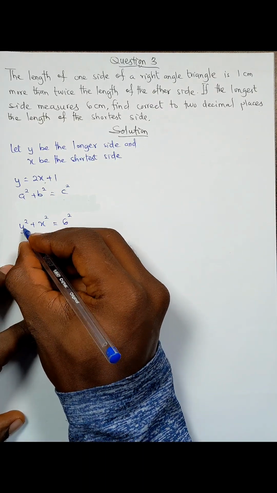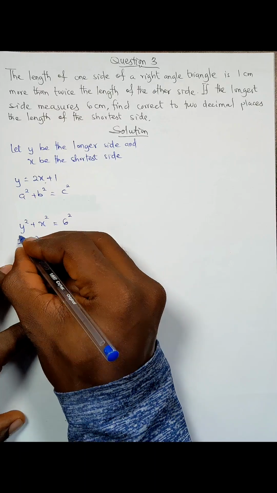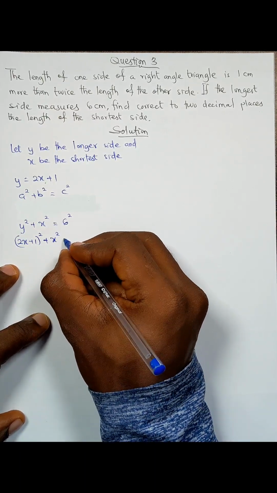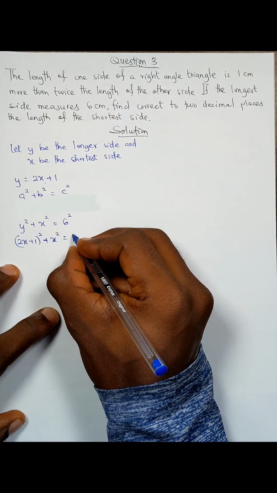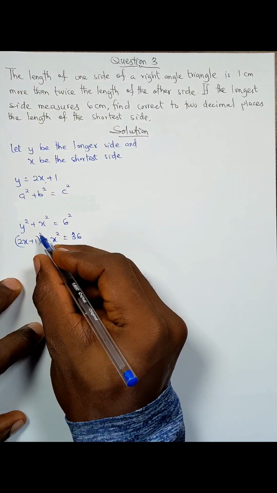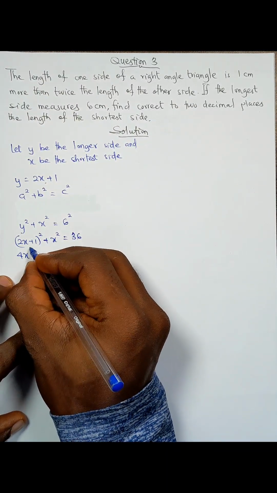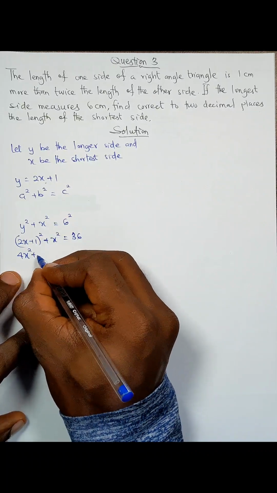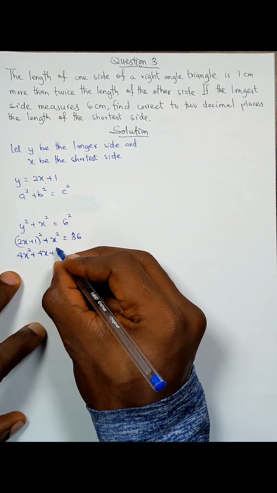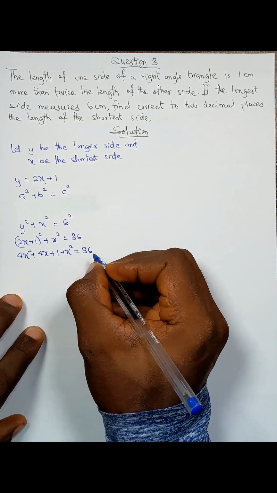So we are going to represent y by 2x plus 1 to get (2x plus 1) all squared plus x squared is equal to 36. Squaring this side, (2x) squared gives us 4x squared plus 4x plus 1 plus our x squared should give us 36.